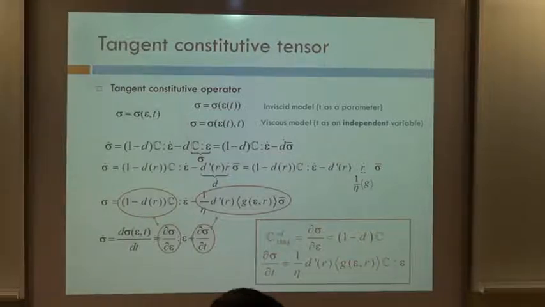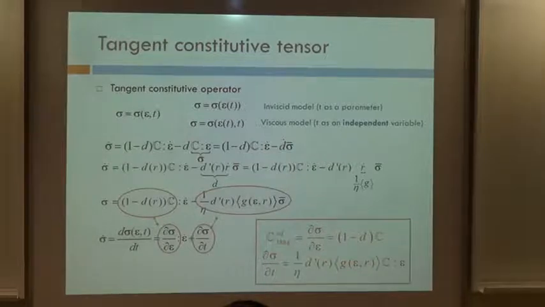So now, if I design another experiment in which I impose the stresses, so I have the stresses increasing up to a certain point, and then they are kept constant, and I measure here the strains, I see that the strains start increasing in that way, but beyond that point, if the material was inviscid, the strains would be frozen.